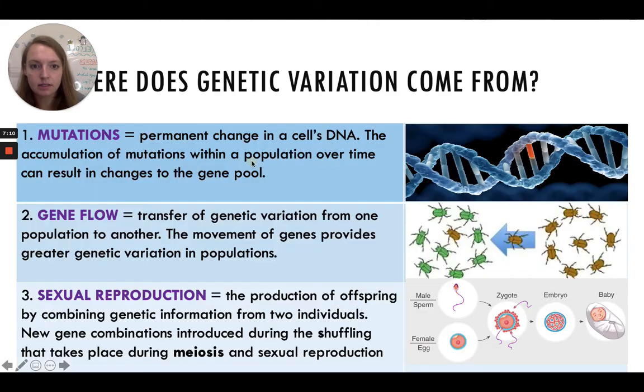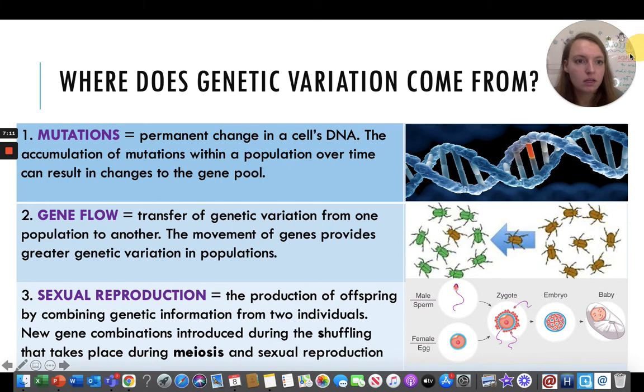All right, here we go. Keep it bopping around. So where does this genetic variation come from? Why do we look different? Where are those differences coming from? Well, there's 3 different ways that we can get genetic variation.